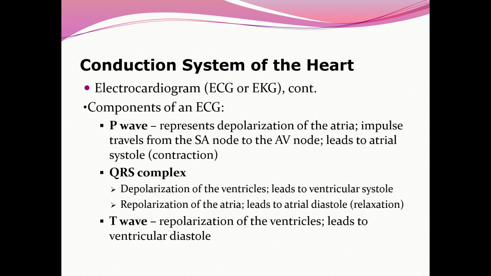The QRS complex represents the depolarization of the ventricles and leads to ventricular systole. The repolarization of the atria occurs here and leads to atrial diastole, or relaxation. The T wave represents the repolarization of the ventricles and leads to ventricular diastole, or relaxation.